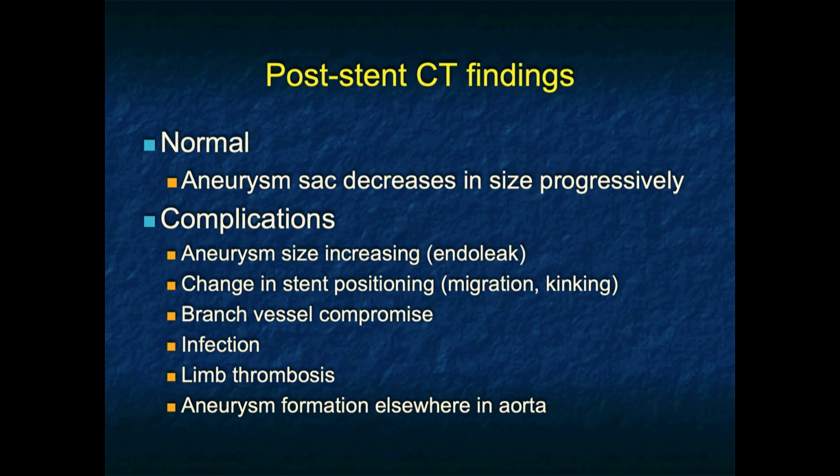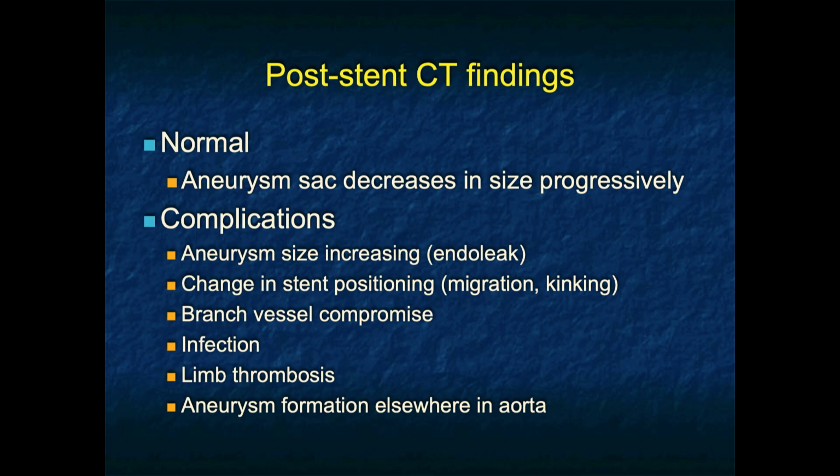Typically, what you'd like to see when you have a stent repair is the aneurysm decreases in size over time. There are no great numbers to show the rate of decrease, but it needs to be either stable or decreasing in size. And then, of course, you're going to look for complications.